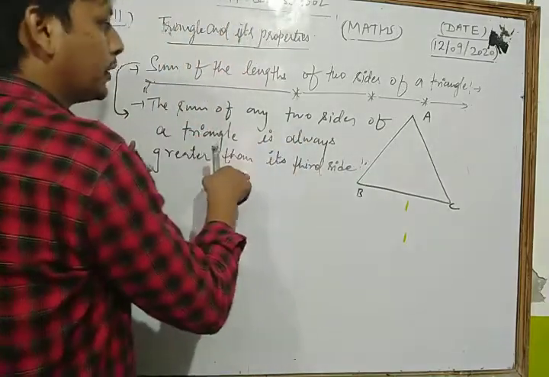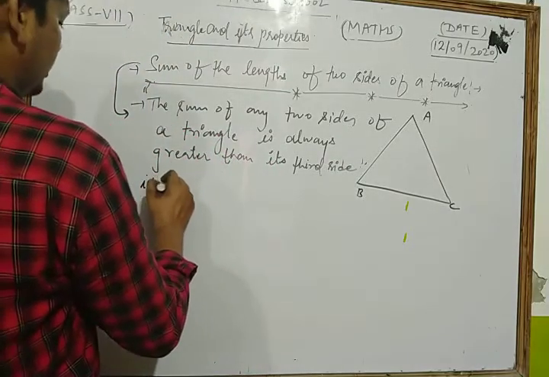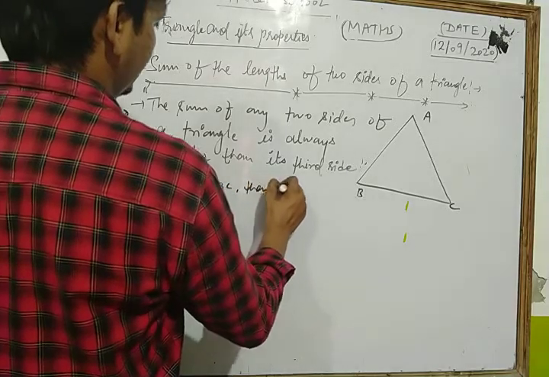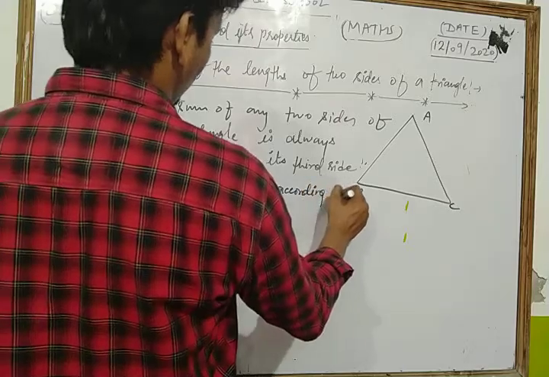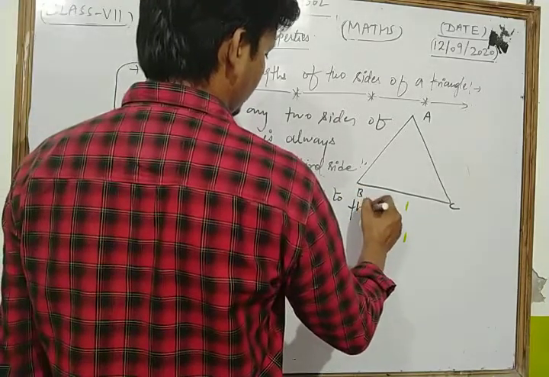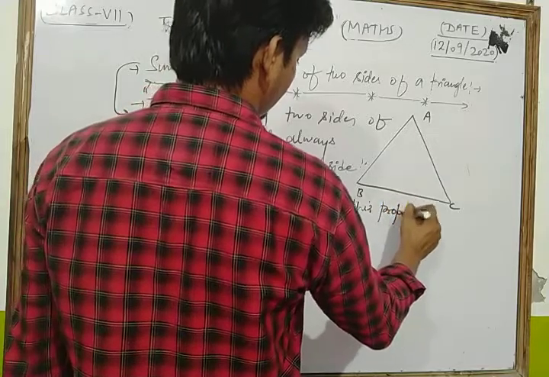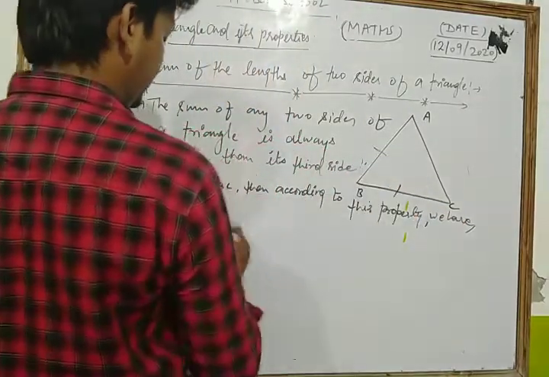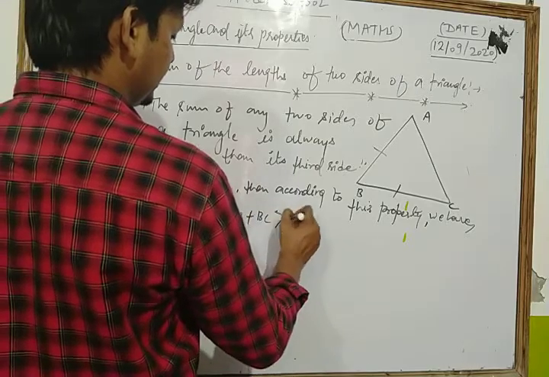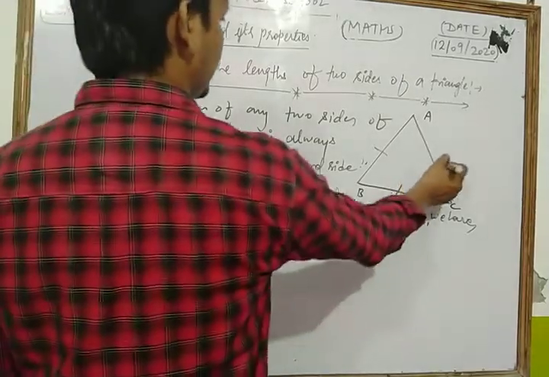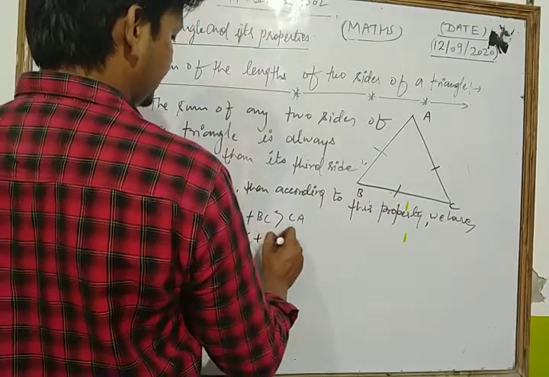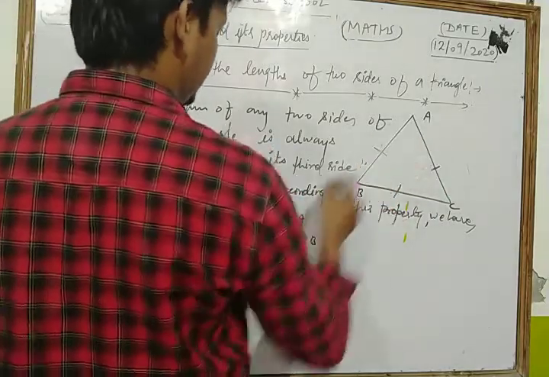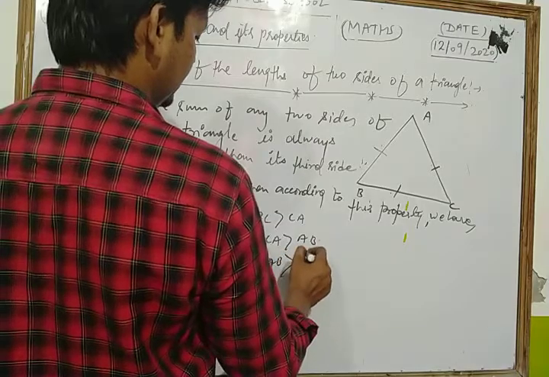That is, if we apply this property in a triangle ABC, then according to this property we have AB plus BC is greater than CA, BC plus CA is greater than AB, and CA plus AB is greater than BC.